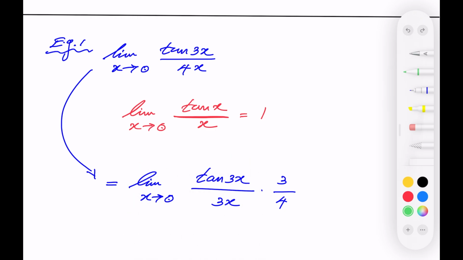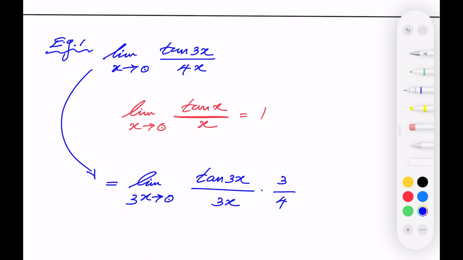We have tangent 3x divided by 3x. All I need is this term to be 3x. Of course, if x approaches 0, we can quite easily argue that 3 times x should also approach 0. Therefore, I can write a 3x right here.